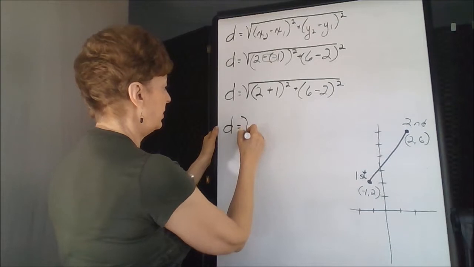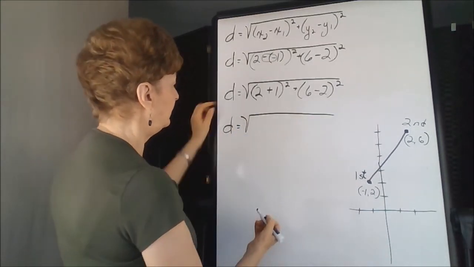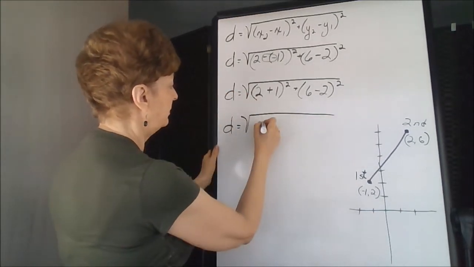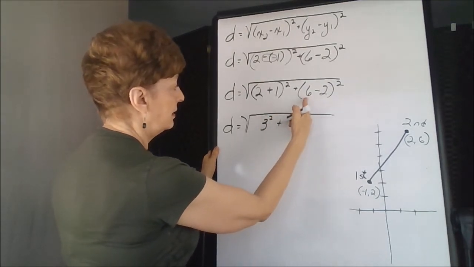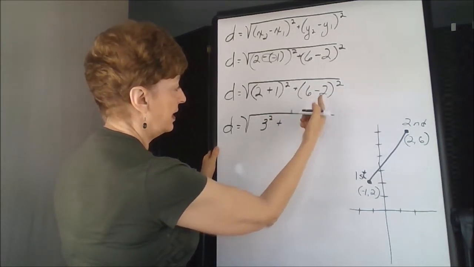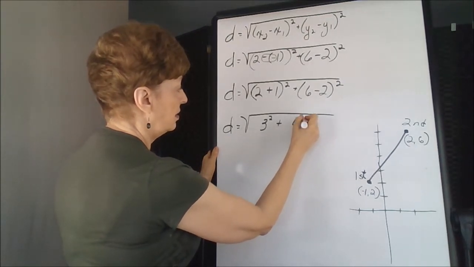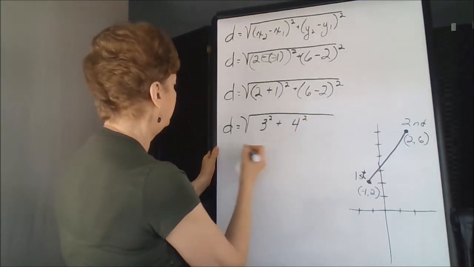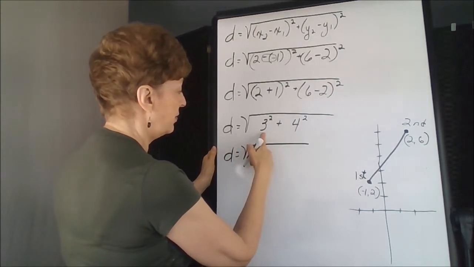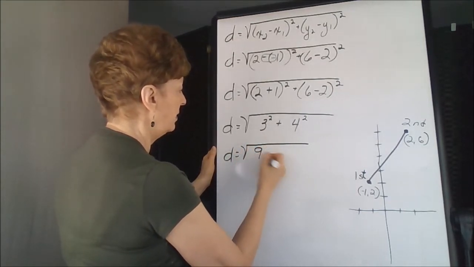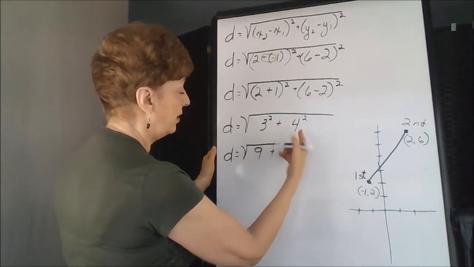Distance is equal to the square root of 3 squared plus 6 minus 2 is 4 squared. D is equal to 3 times 3 is 9, and 4 squared is 16.